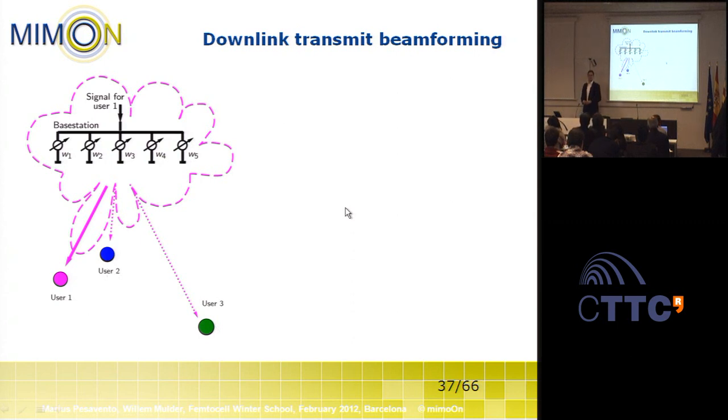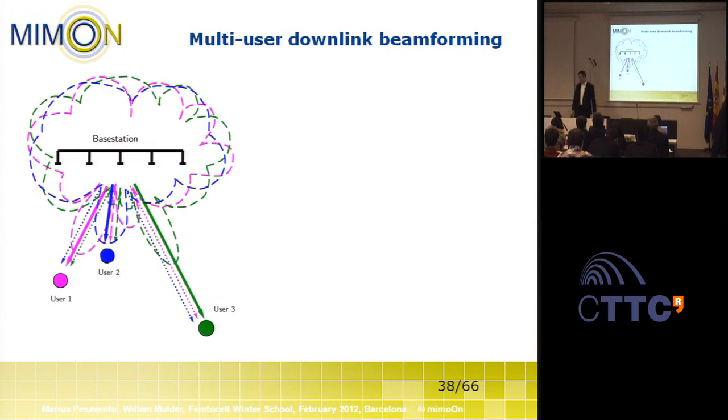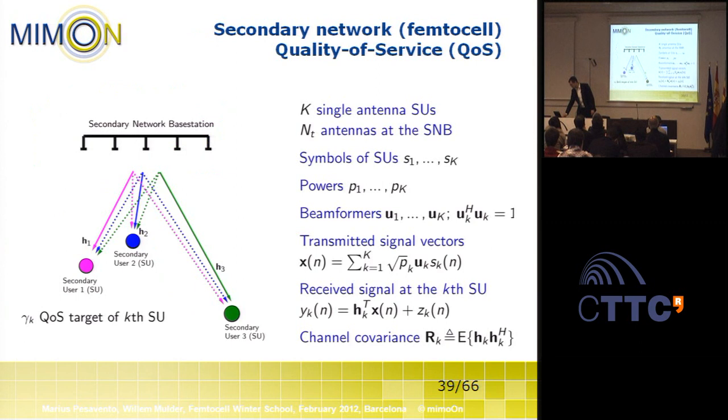We do this for every user, and then for each user we have a beam pattern, and these beam patterns should be as orthogonal to each other as possible. So this is the idea of multi-user downlink beamforming, and let us take a look at the beamforming design that we can choose here.